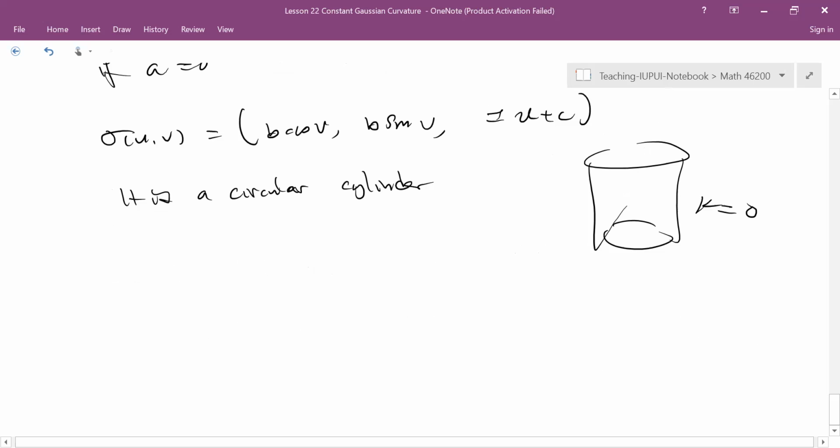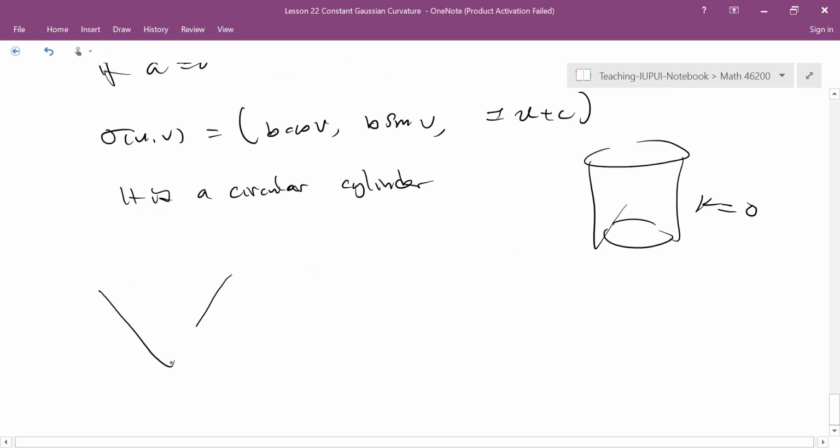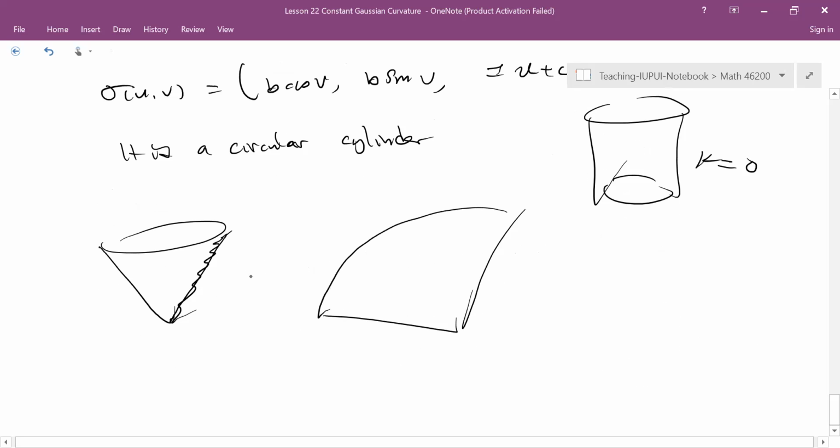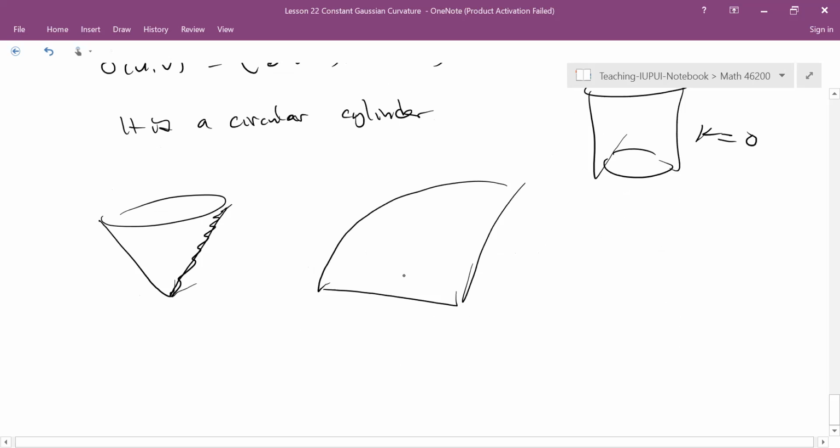Okay, if it's a circular cone, what you do is you open this side, then you get a flat sector. Okay, so you open it and you get a flat sector. This flat sector, you know, has curvature 0. But in this procedure, when you open the cone, what does not change is the distance between two points on the cone.